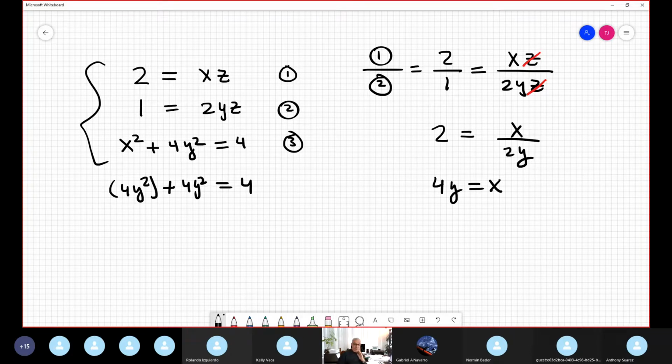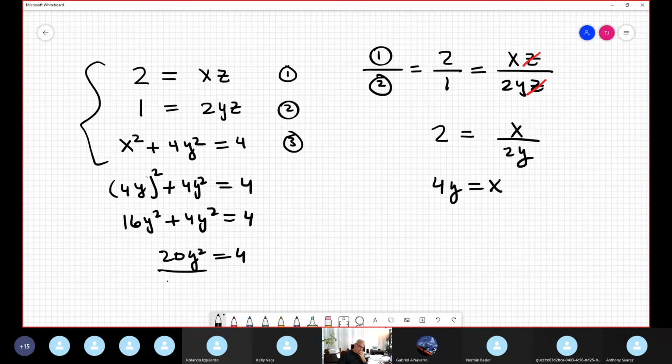Okay, sorry. I make a mistake, big mistake. This is 4y, squared, because you replace x for 4y. So 16y squared plus 4y squared equals 4. This is 20y squared equals 4.